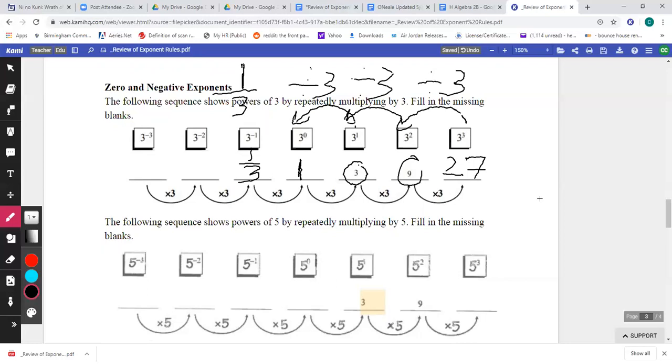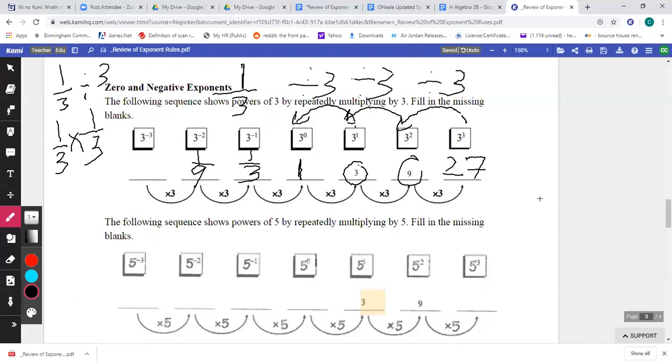Now, how do I do 1/3 divided by 3? I'm going to do that up here on the top left. Remember, when you divide fractions, it's the same thing as multiplying by the reciprocal. So 1/3 divided by 3 is actually going to be 1/9.